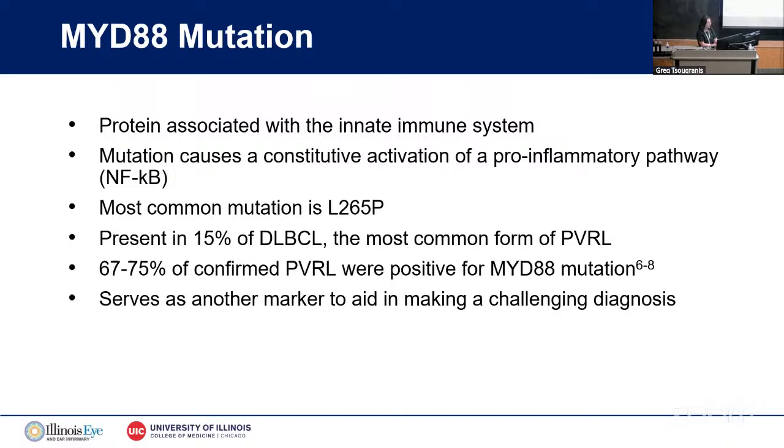Newer studies have been looking at whether this can also be a marker of primary vitreoretinal lymphoma. In the 3 studies that I reviewed, the sensitivity was about 67 to 75%. Patients who had confirmed primary vitreoretinal lymphoma were positive for this mutation. So it can serve as another marker in making this really challenging diagnosis, and I know we found it useful.